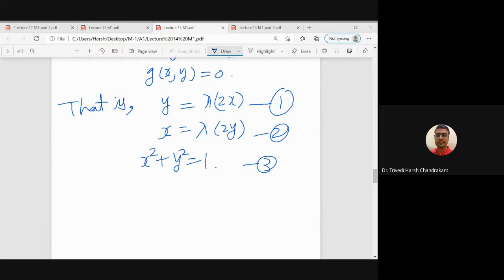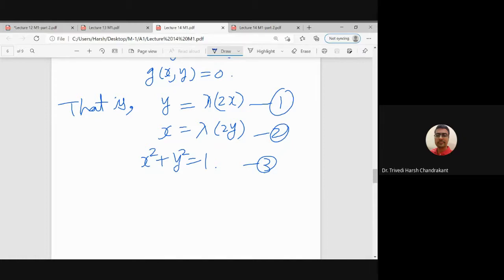So what we'll do is, we can either convert x and y in terms of lambda, that is one way, or we can use elimination.